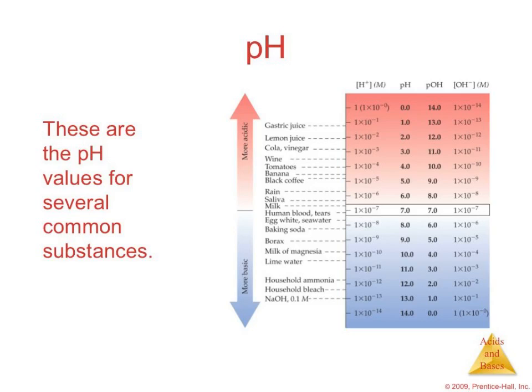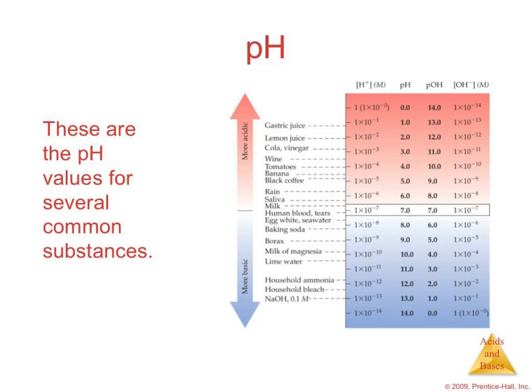And then everything down at the bottom, egg white, seawater, baking soda, borax, milk of magnesia. Milk of magnesia is something you can take when you have stomach issues, because a lot of times it will settle the acid in your stomach because it's a base, and the base will react with the acid and neutralize some of the acid. But after you get past milk of magnesia, you're getting into stuff that you probably don't want to ingest anymore.